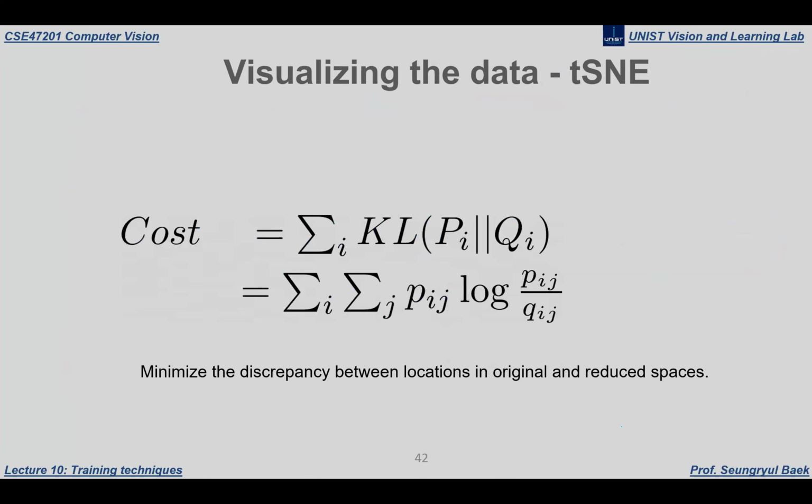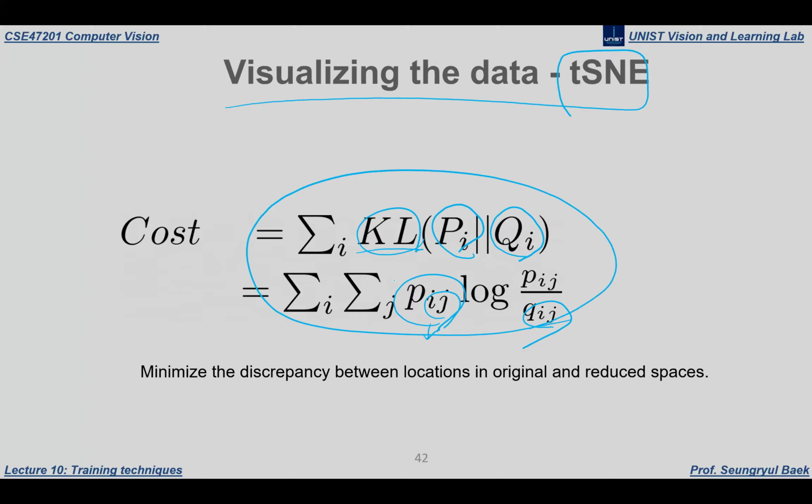What they want to achieve in t-SNE is to reduce the KL divergence between P and Q, where P is the feature similarity between the i and j samples in the original space, and Q is the feature similarity in the new reduced space. We learned about KL divergence when learning about the cross entropy loss.